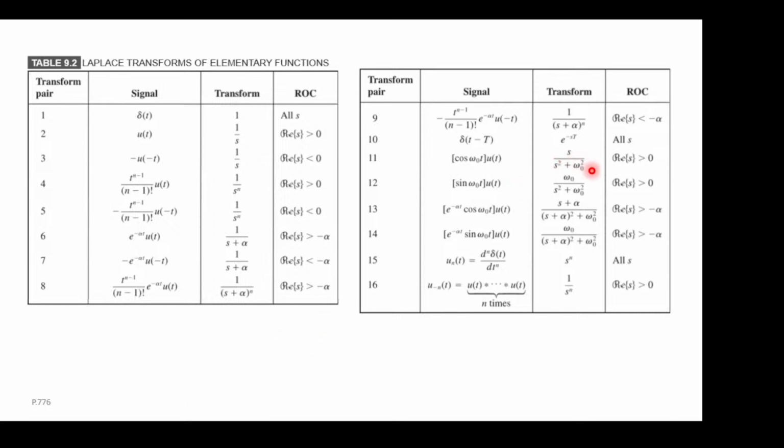You can see that sine and cosine are real, and the poles form a complex conjugate pair. So the poles are at plus and minus j omega naught, and that's also what you expect. Sine and cosine functions are two complex exponentials with frequencies plus and minus omega naught.